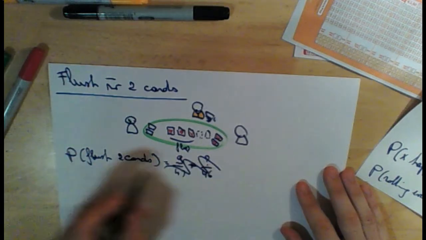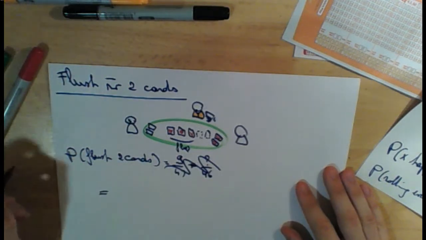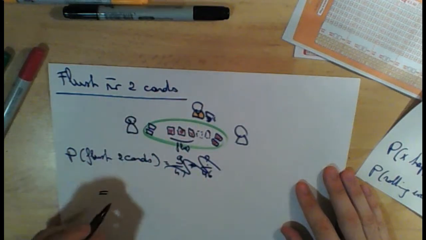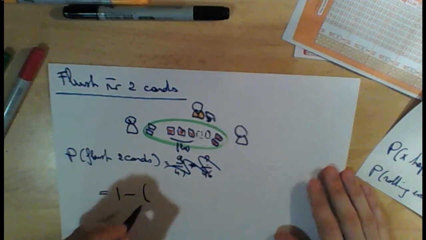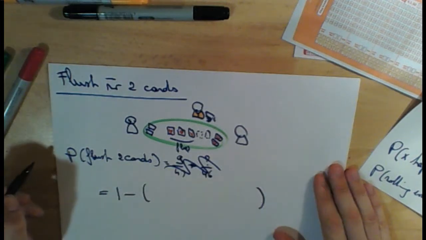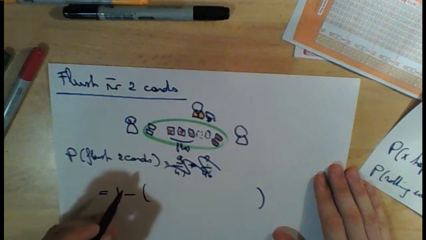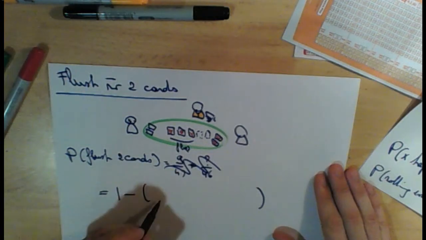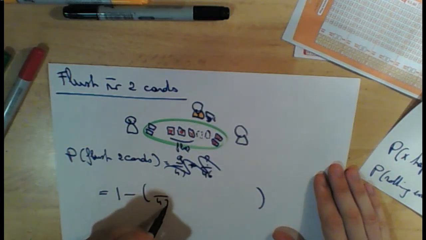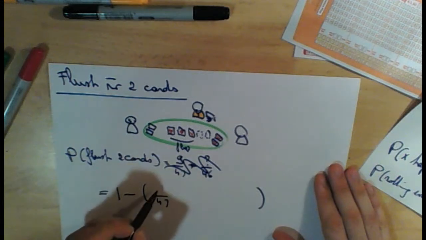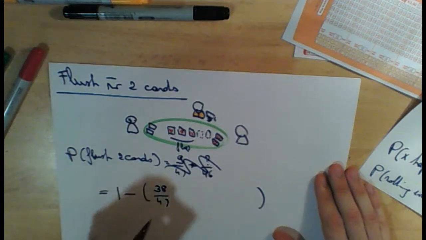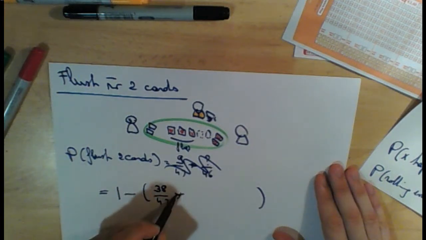What's the proper way of doing it? Well, what are my odds of making a flush? It is 1, which is certainty, minus my odds of not making a flush. What are my odds of not making a flush? Well, I have 47 cards, and then there's 9 cards that would make me a flush, so that means there's 38 cards left in the deck that would not make me a flush.